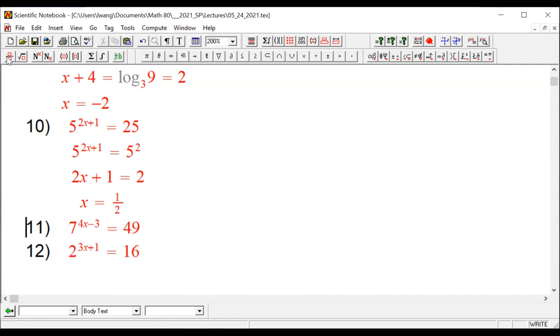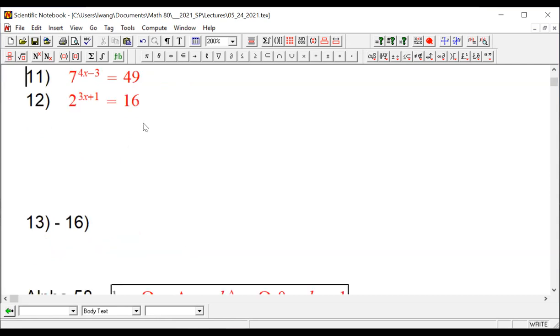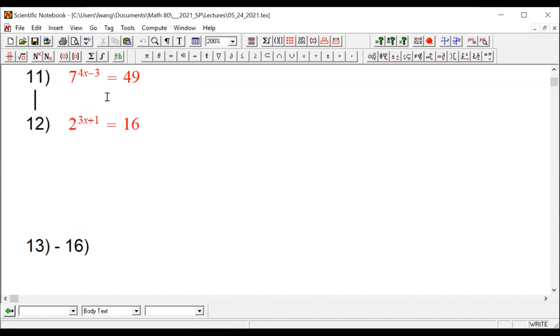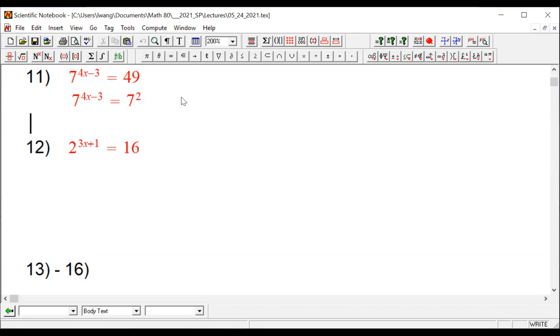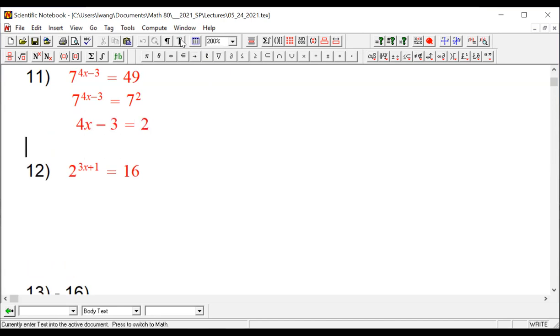Okay. Number 11. Let's see, what do we get for number 11? Well, 49 is equal to 7 squared. Right? So by this point, you're going to have 4x minus 3 equals 2.